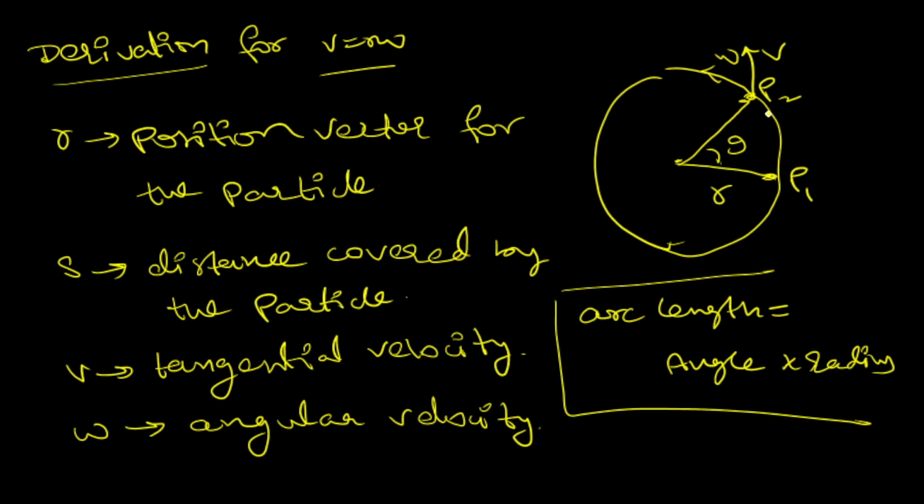This is the arc length, which I am taking as S. This is the distance covered by the particle. I am denoting this with S, and the angle made by this particle is theta at the center of the circle, and R is the radius of the circle. Therefore, S equals R into theta. So we have S as R theta.